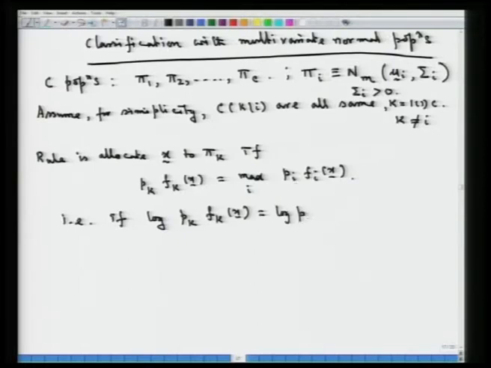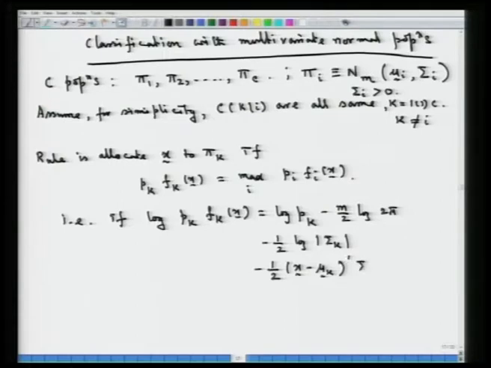So this would be log of p_k, then minus m by 2 log of 2 pi, then minus half log of determinant of sigma_k, and then the log of the exponent, minus half (x minus mu_k) transpose sigma_k inverse (x minus mu_k).